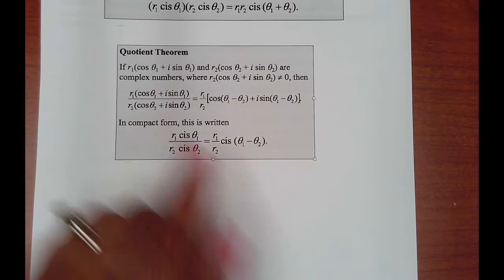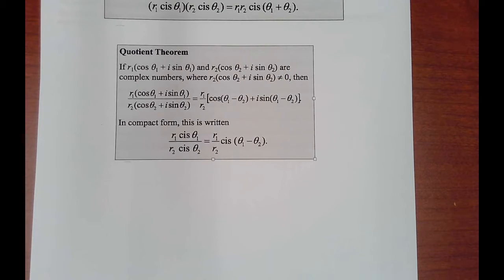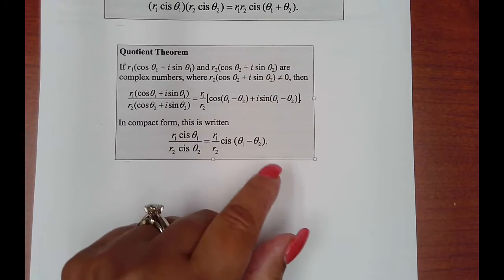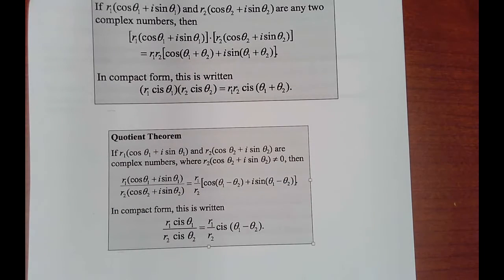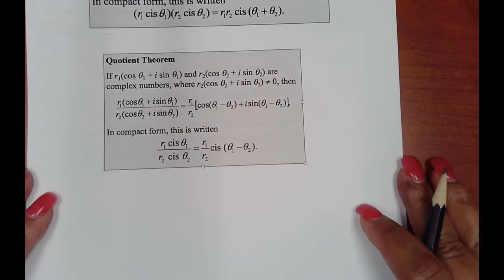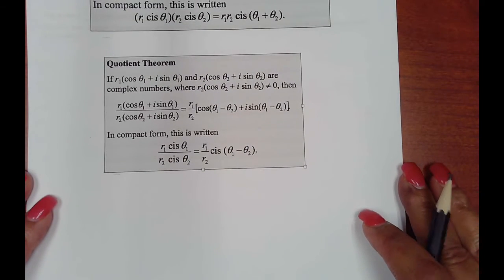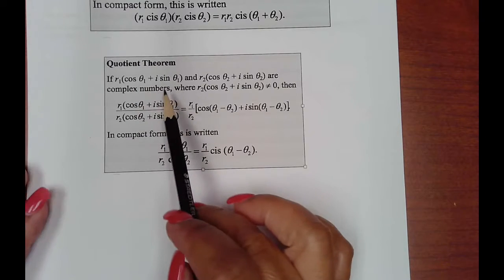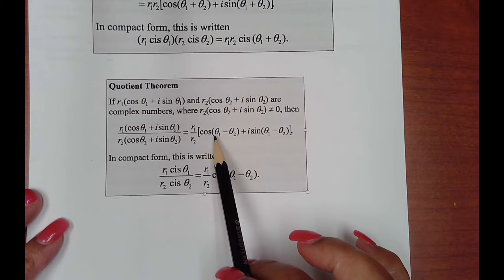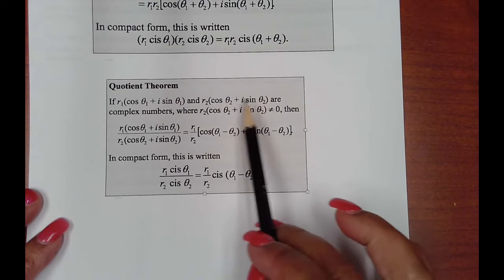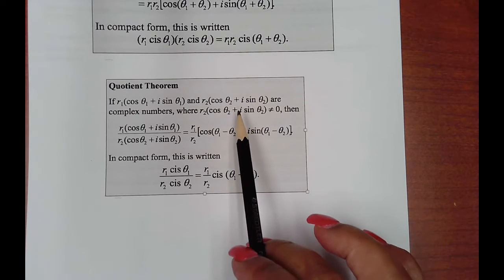And then instead of adding the thetas like we did when we were finding a product, you're going to subtract them. And again, in order. It's going to be the theta from the first complex number first, minus the theta from the second polar number.